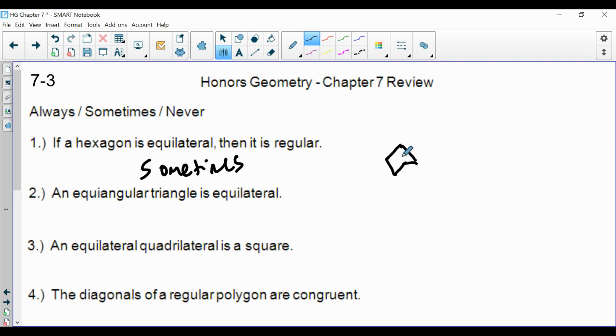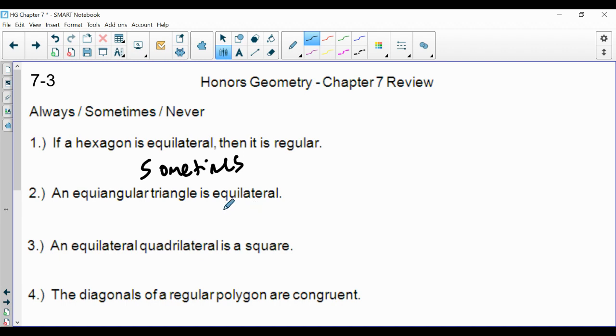Again, I probably could have drawn this better, but it could be equilateral, but the angles aren't the same, which means it is not regular. It also works the other way. If it's equal angular, it's not always equilateral. That's only true with triangles, and that leads us right into number 2.